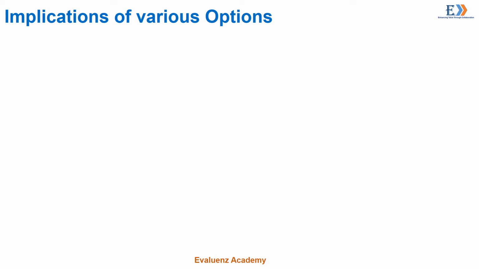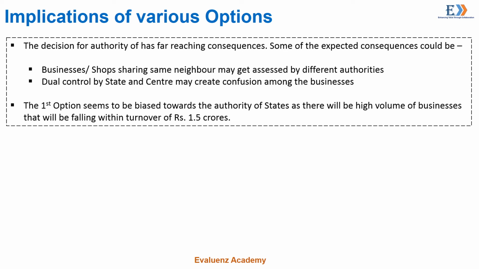So what are the implications of the various options? Let us look at that. Now the decision for authority to assess the GST has far reaching consequences. Some of the consequences could be that businesses or shops which are sharing the same neighborhood, same premises or location may get assessed by different authorities. Now in the technology environment, would there be any challenge?